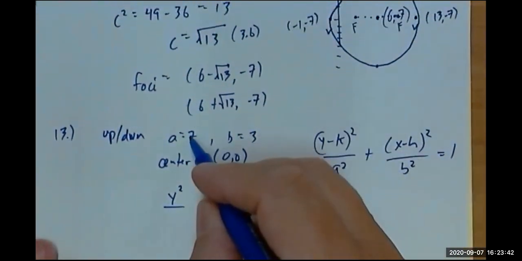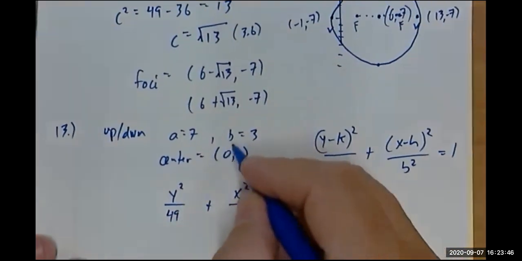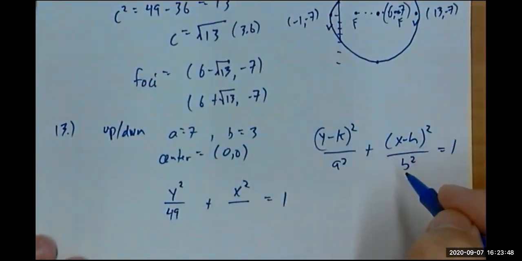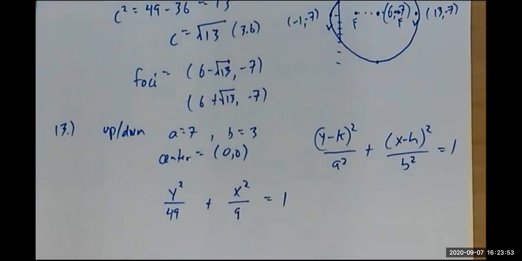Now a, we know a is 7, so 7 squared is 49. b is 3, so b squared is 9. And that should be the equation of the ellipse. y squared over 49 plus x squared over 9 equals 1.